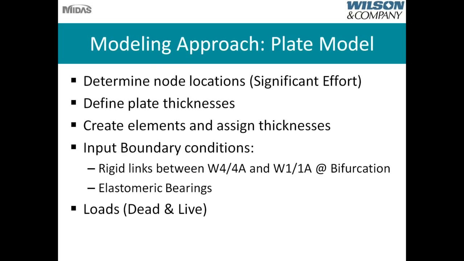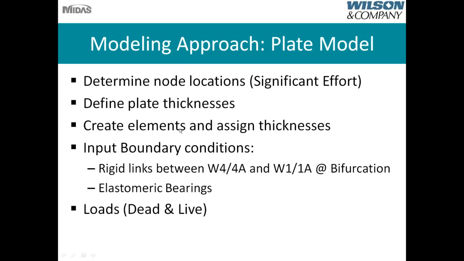Looking at the plate model, first step was to determine the node locations. This required significantly more effort for the plate model than it did the grillage model, since there are many more nodes, more things needing to be defined. Next step was to define plate thicknesses to represent the concrete along the bridge.